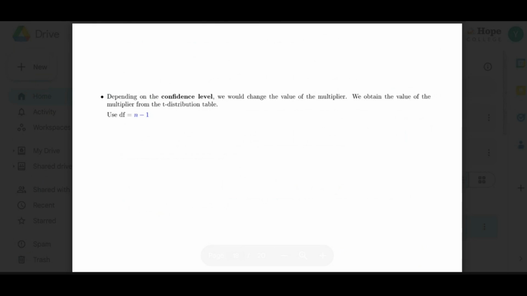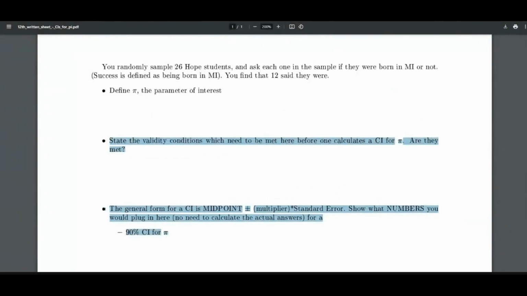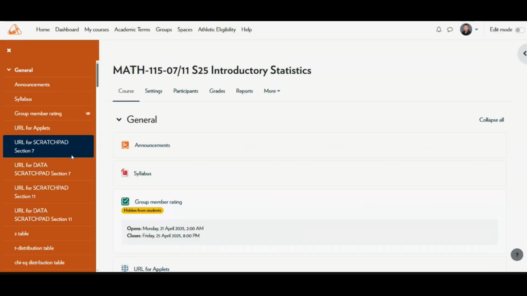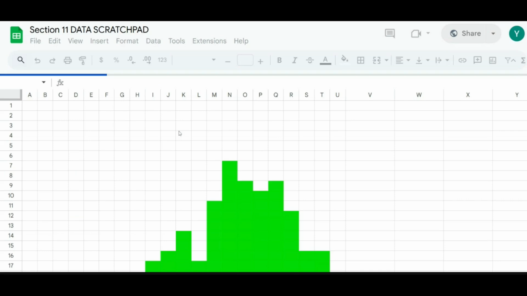So let me call up our class scratch pad for that. I think our class data scratchpad is here. Okay, let me open it up. I want to open it in a new tab. So here it is. Let's hunt for our class sleep data.